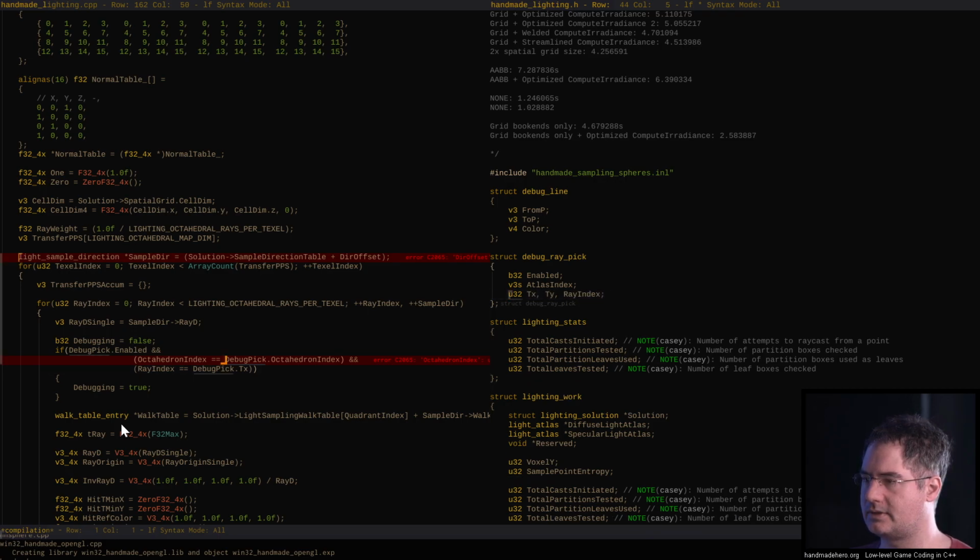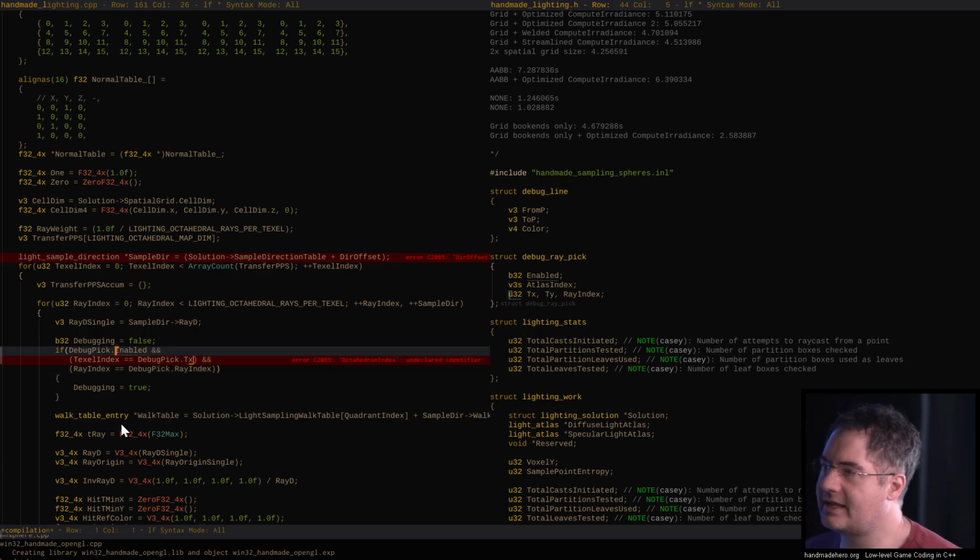So texel index is the thing that equals debug pick tx, like so. And ray index would be debug pick ray index.